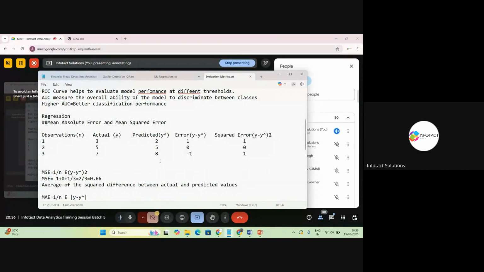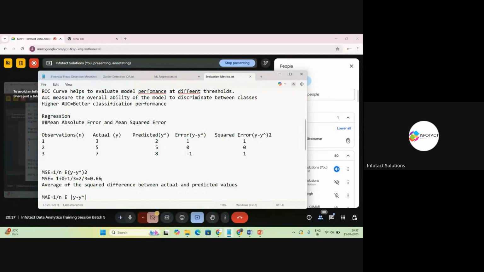So mean square error is 1 upon n, summation of y minus y dash square, meaning actual minus predicted, squared. Here the squared errors are 1 plus 0 plus 1, upon n, where n is 3.